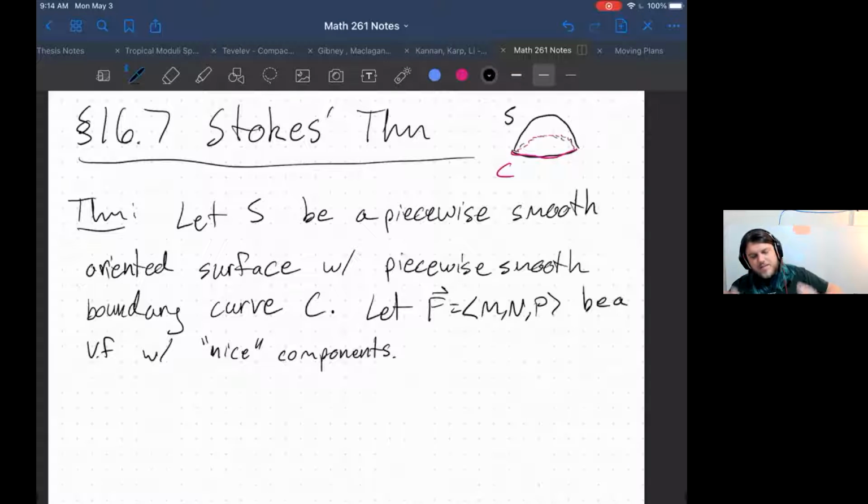What nice will mean, I'll say in words, is have continuous first partial derivatives on the surface. I don't want to write that out. It's everything that we would want these functions to be. So they're nice.